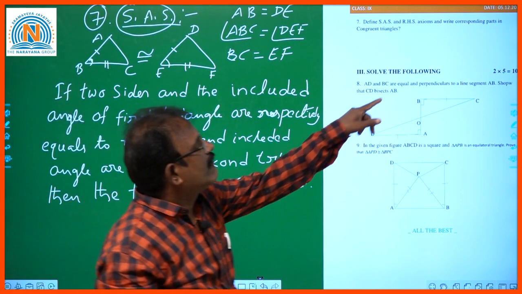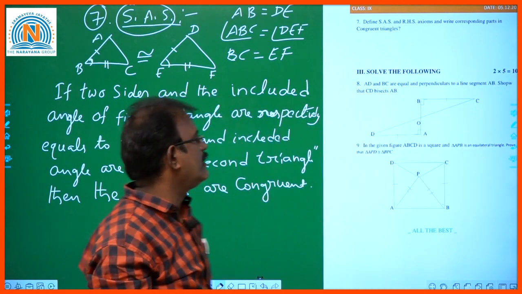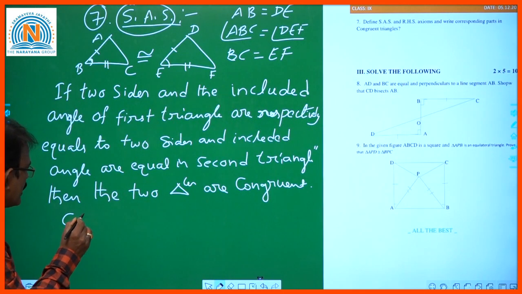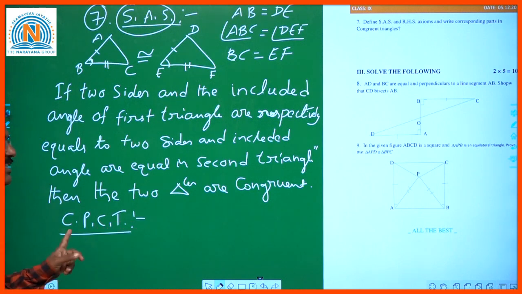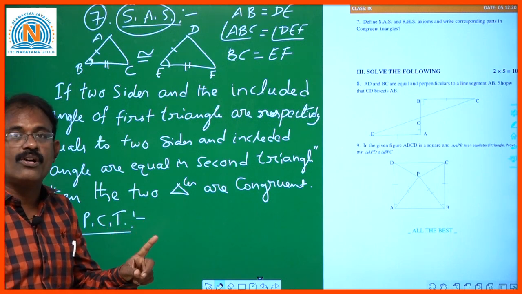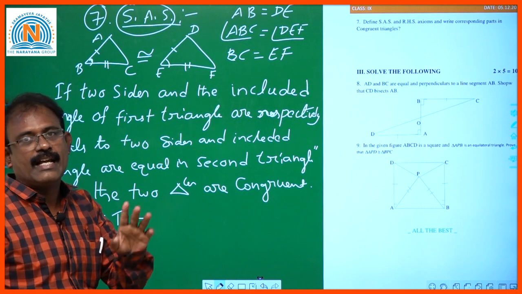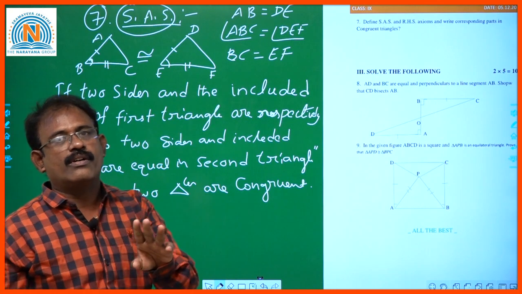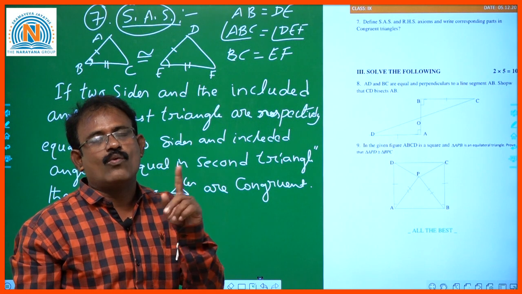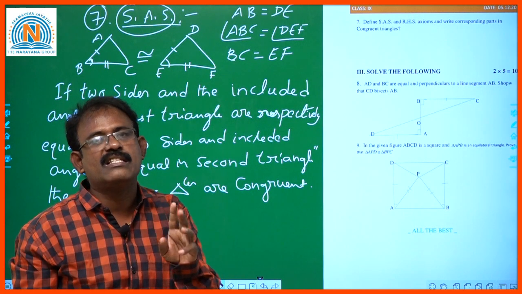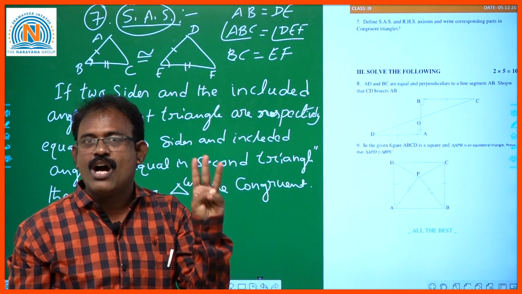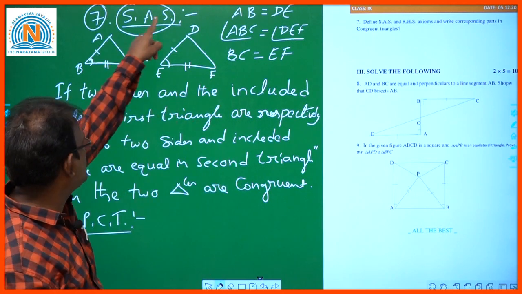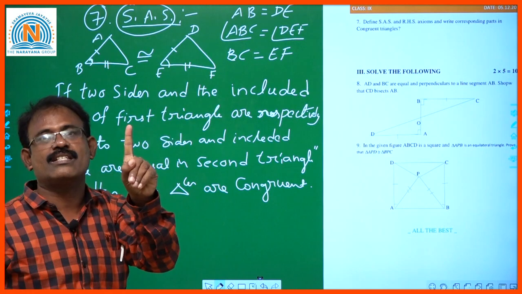Okay, then what are the corresponding parts in congruent triangles? Then CPCT. Children, what is CPCT? Corresponding parts in congruent triangles. Before we start this discussion, one triangle contains majorly 6 components: 3 sides and 3 angles. Out of the 3 sides, 2 sides we used, remaining 1 side.